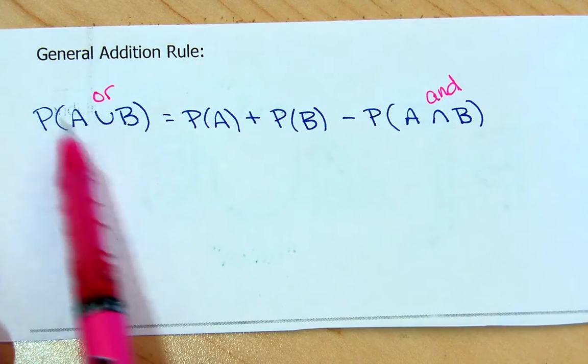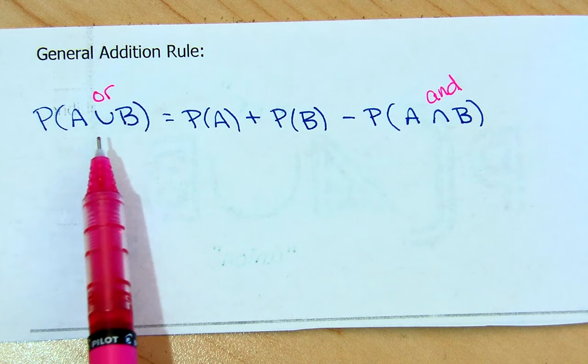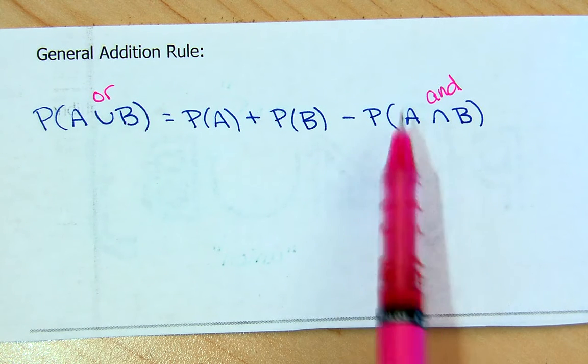If you're thinking of a Venn diagram, this is anywhere in either circle or in the overlap. This is just the overlap part.